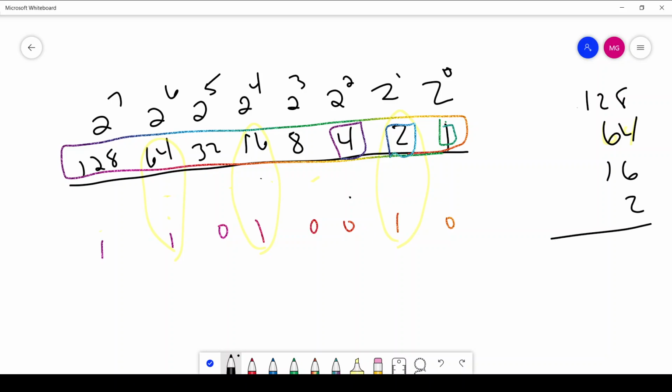And if we add up all of the place values, we get 210. All right, so that's how we convert from binary to decimal. You know enough now that you should be able to do the binary to decimal conversions on your worksheets.